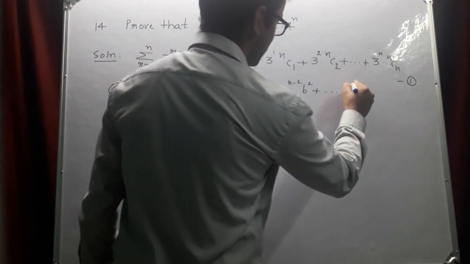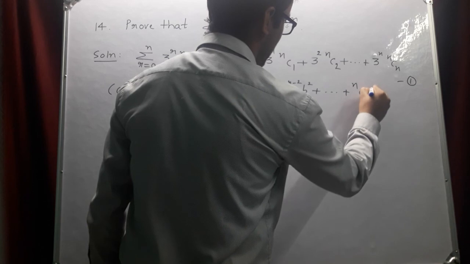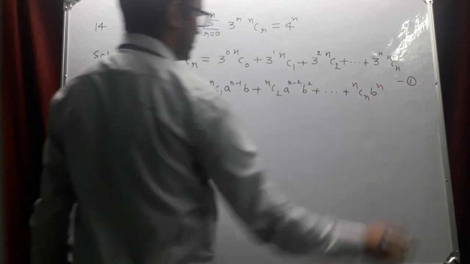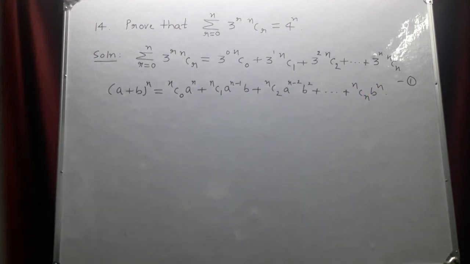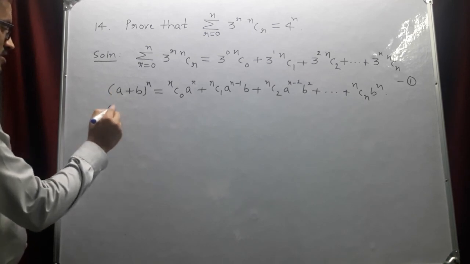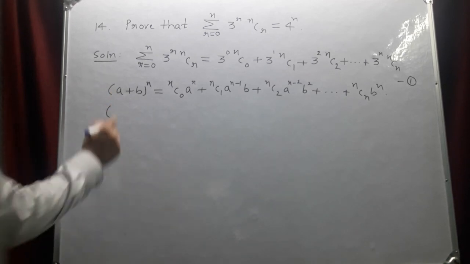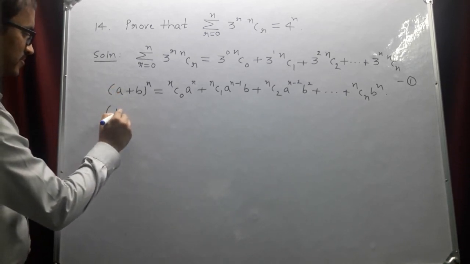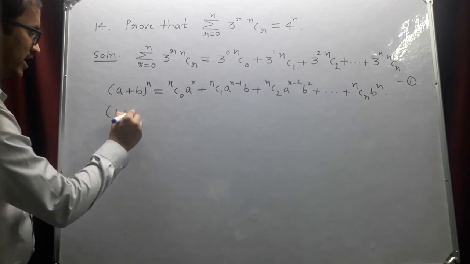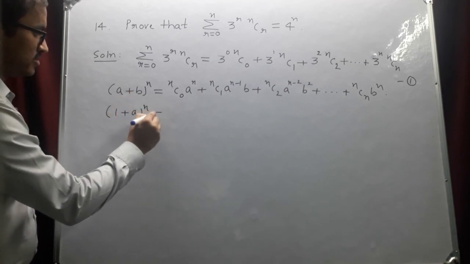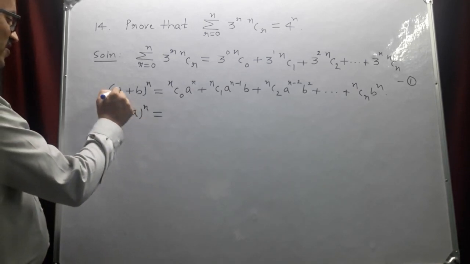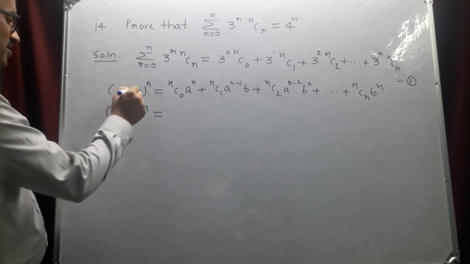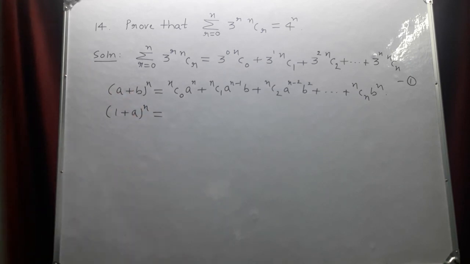The last term is nCn b power n. Suppose I take a is equal to 1, b is equal to a, then the expansion is 1 plus a power n.